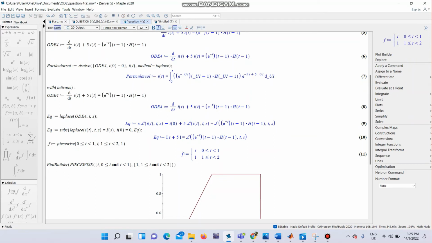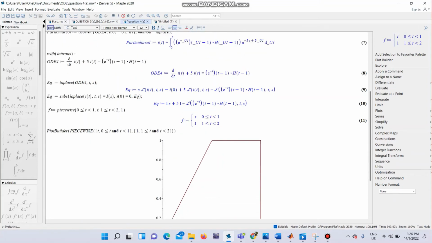The next part is f equal to piecewise, which is 0 less than or equal to t and less than 1, and 1 less than or equal to t less than 2, and 1. So this is the output.